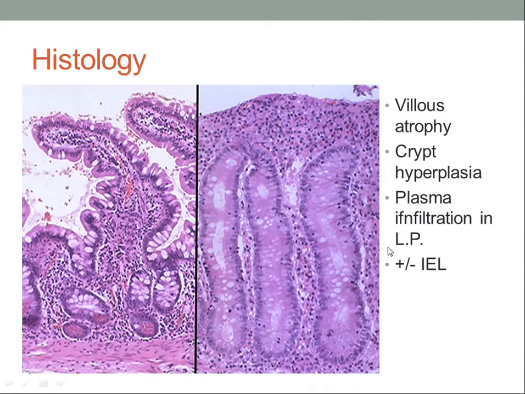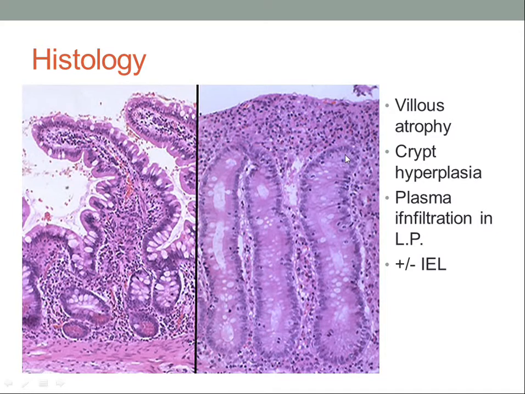So on biopsy, we would expect to see villus atrophy, which you can see is right here. This here on the left is a normal small intestine or normal duodenum. You can see the villi here. Here you can see obvious atrophy of the villi. You can also see that there has been crypt hyperplasia, which you can see is right here, compared to the tiny crypts which are here.